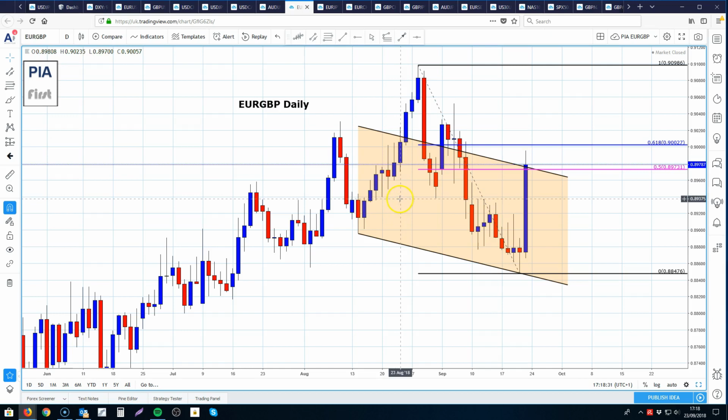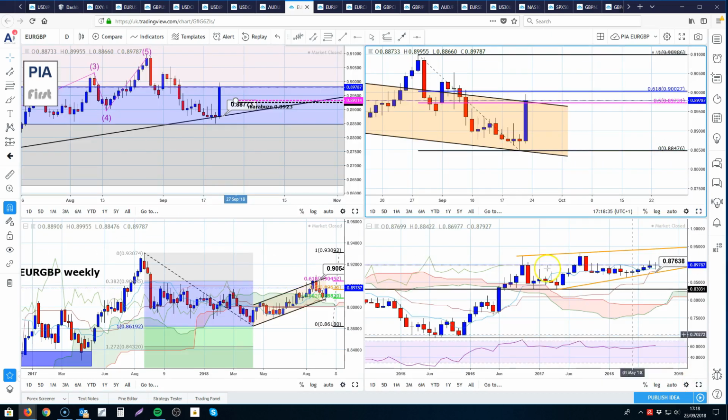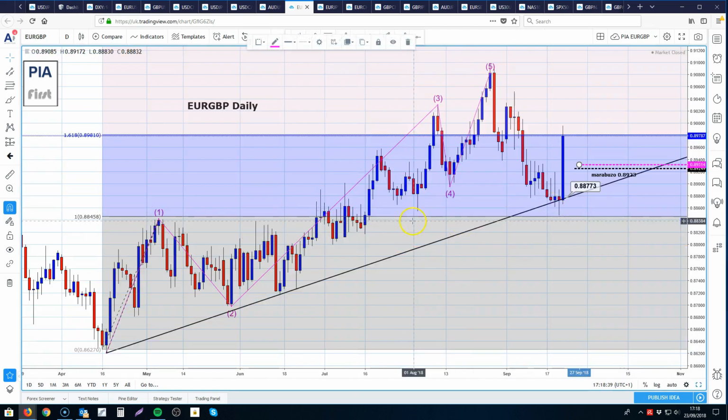Euro sterling, and again, this is the strong rally up on Friday. We're just going to show this first. We've got trendline support at 88.73. We also had the wedge target at 88.55 that we've been talking about previously. Going into next week, 89.31 is bespoke support, 89.25 is Marubozu support.